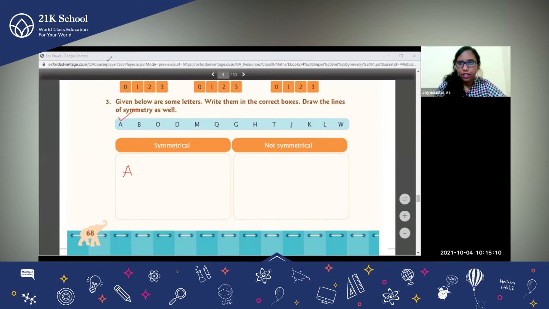Hasini, what about you? Have you completed? Yes, ma'am. Okay, tell me about this A. A is already done. B. O. Symmetrical or asymmetrical? Symmetrical, isn't it? So when you draw a horizontal line of symmetry like this, then it is symmetrical, correct? So B comes under symmetrical.